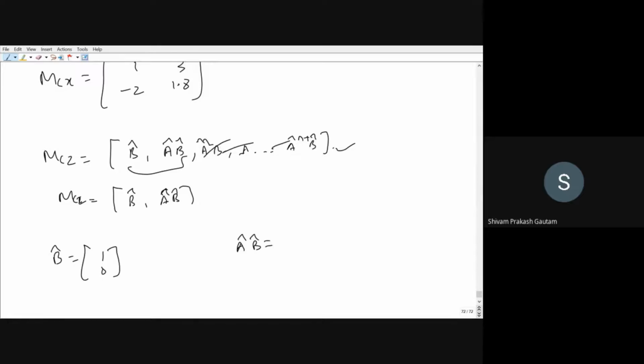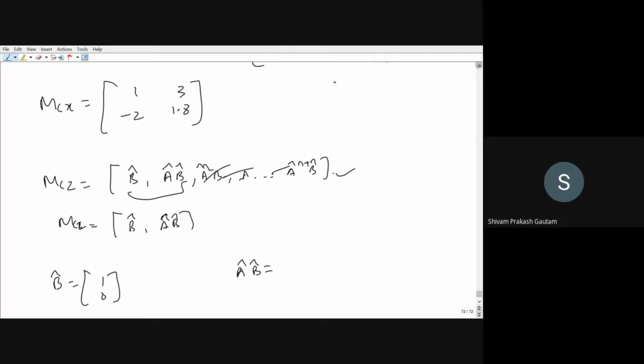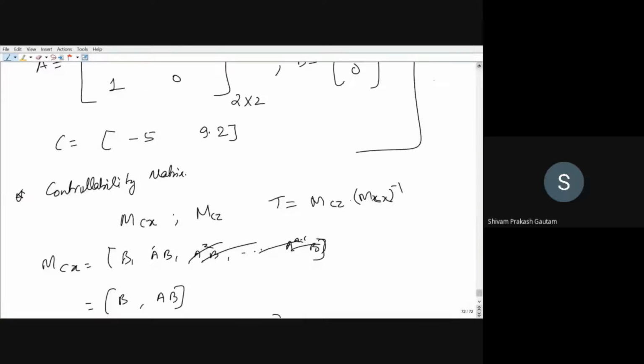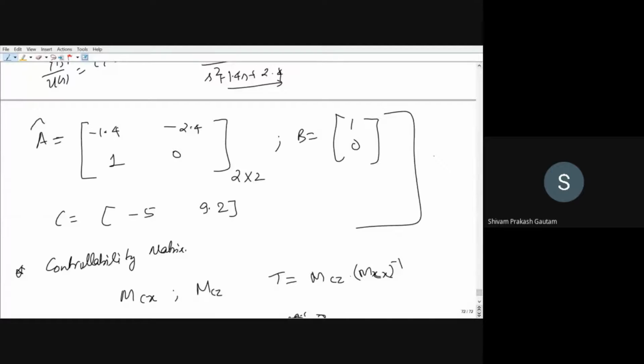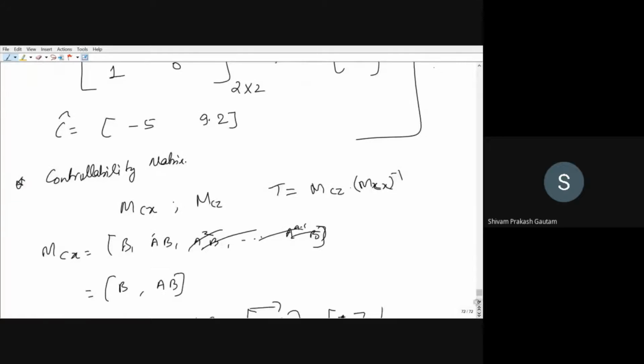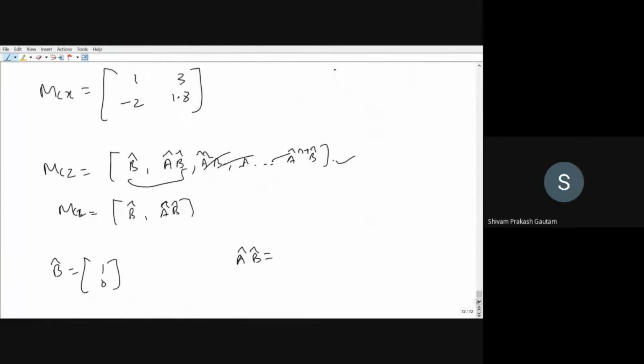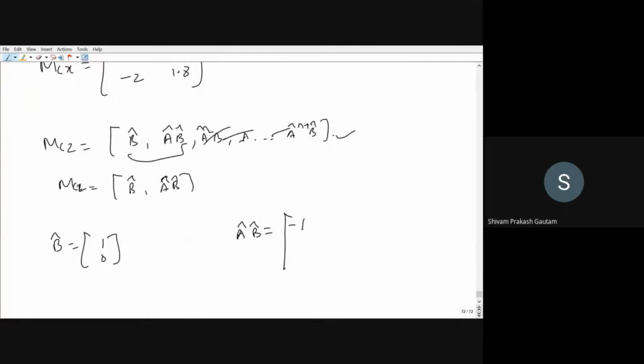So A cap is how much? This is your A cap, this is your B cap, this is your C cap. A cap matrix is minus 1.4, minus 2.4, 1 and 0, and B matrix is 1, 0.